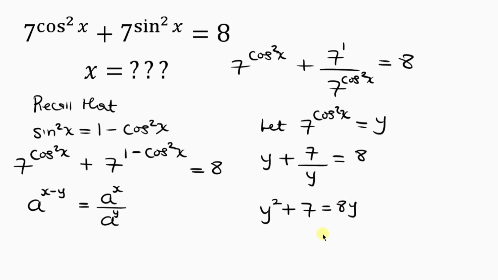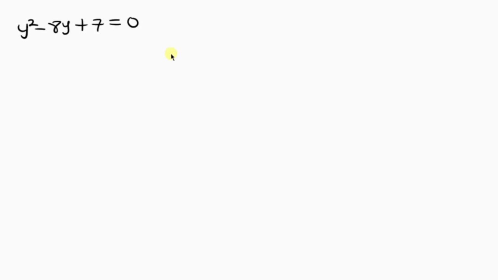So let's go ahead and rearrange this since I'm seeing a quadratic equation here. So rearranging, I'm going to be having y squared. As 8y crosses to the left, it becomes minus 8y. Now I've already got plus 7 on the left, equal to 0. So we have a good quadratic equation that we can factorize. Let's continue. The factors of 7, which is positive 7, are 7 times 1, and these can be negative so that we have positive 7, right?